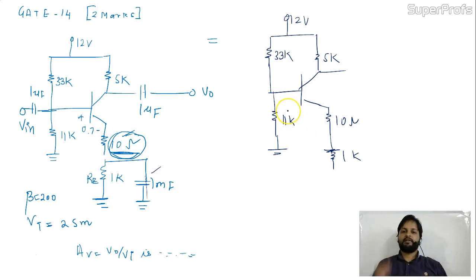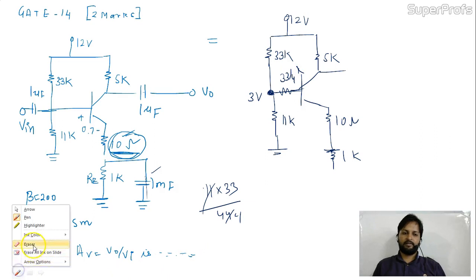Okay. Now to this circuit we can resolve this portion again. Here the voltage will be 3 volt, I think, right? 3 and 4. So this will be 3 volt. And the equivalent of 11k and 33k is 11 into 33 divided by 44, which is 33 by 4k.